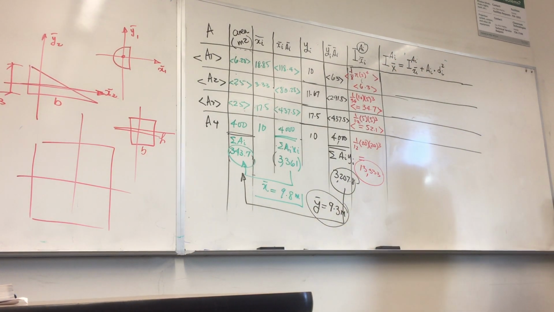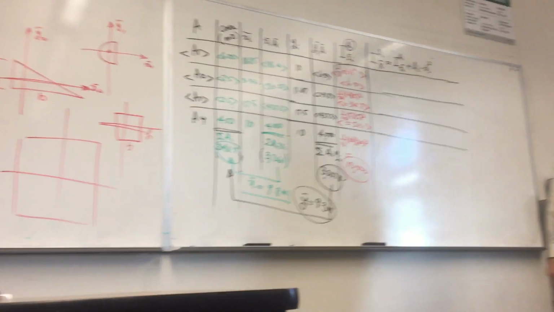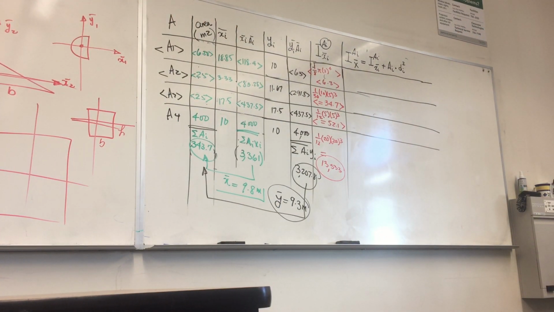But that's not what you need. You need the moment of inertia of each of those shapes about this axis, not their own centroidal axis. So what you calculated there, you need to add this area times this distance squared. What is that area, that distance?